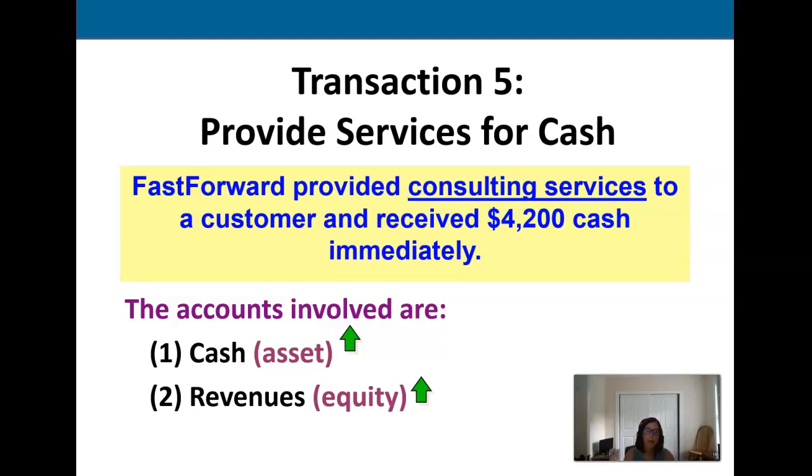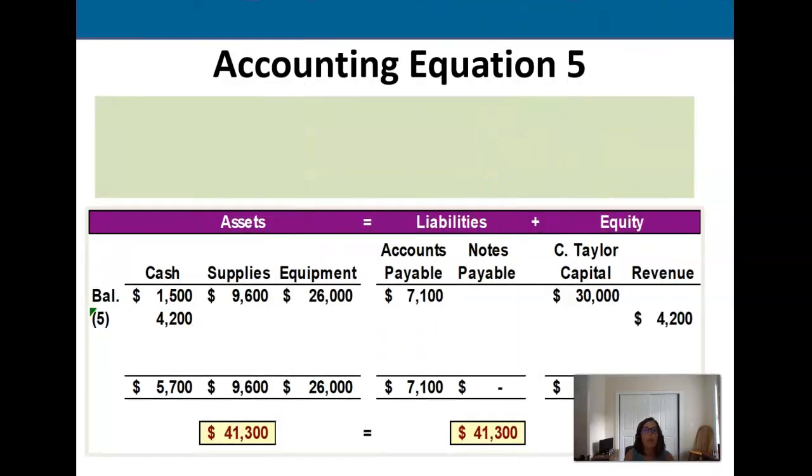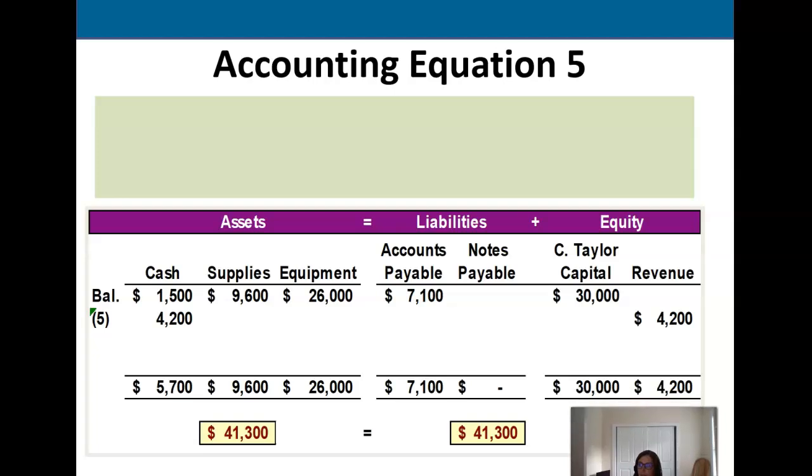And remember, revenue lives under that equity umbrella that I talked about before we started jumping into these transactions. So hopefully you will not be surprised to see that revenue landing, there we go, under the equity heading on our little spreadsheet here.